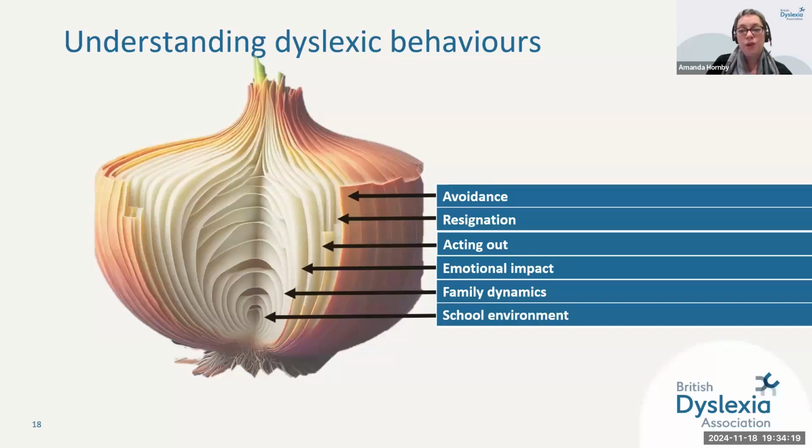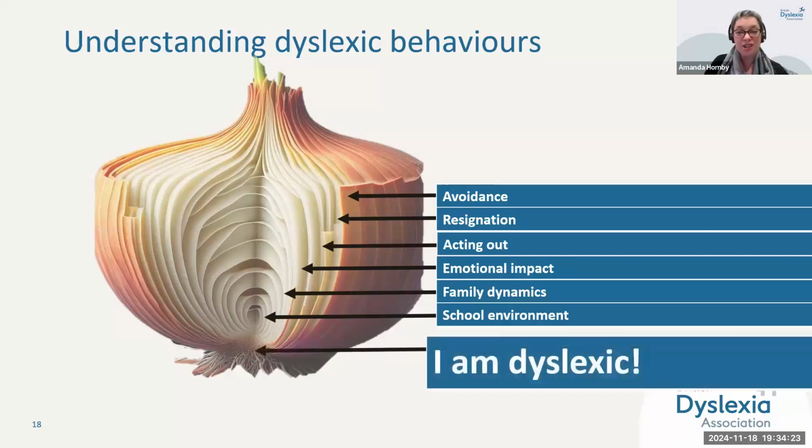So if we address these layers, the parents, professionals and educators, you can develop much more effective strategies to support children with dyslexia and help them to improve their behaviour.